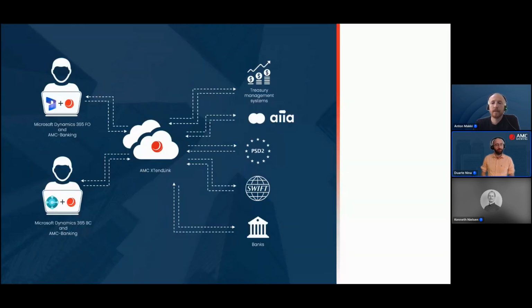At the center of everything AMC, we have something called the AMC Extend Link, which is a cloud-based solution that can connect to all the banking solutions that you might want and join them in one place and can be connected to ERP systems, in most cases, the Microsoft Finance and Operations and the Microsoft Business Central. This has the advantage of being very secure because everything goes through the Extend Link solution.